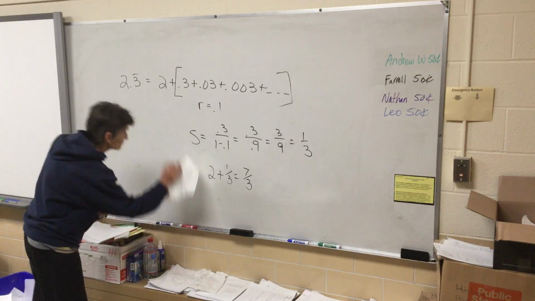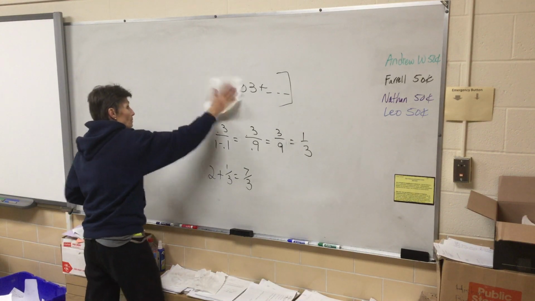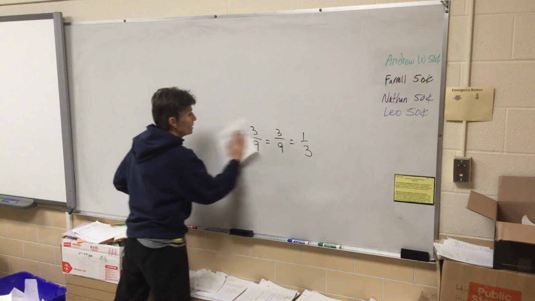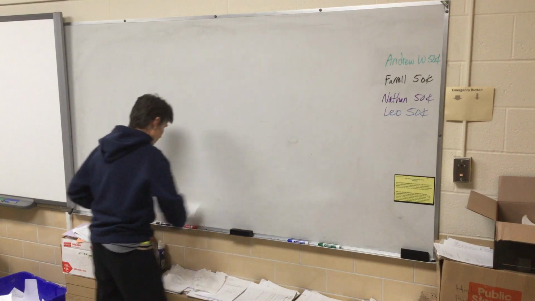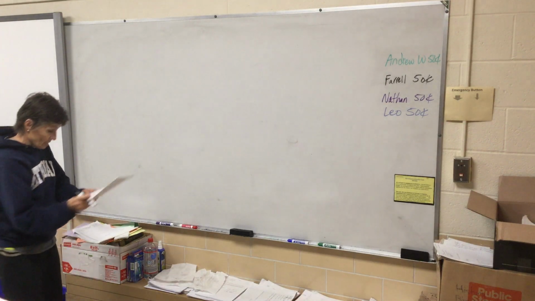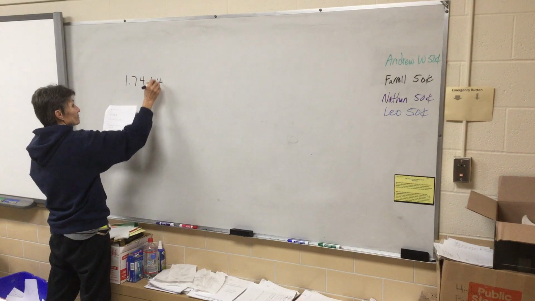One more. This one's got a couple of extra numbers in it. Remember, your formula will only work on the infinite part of the problem, the sequence. So we have 1.741 repeating.